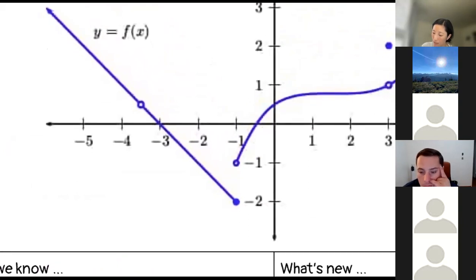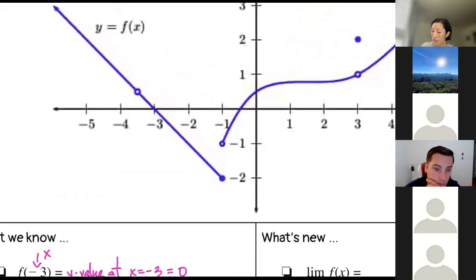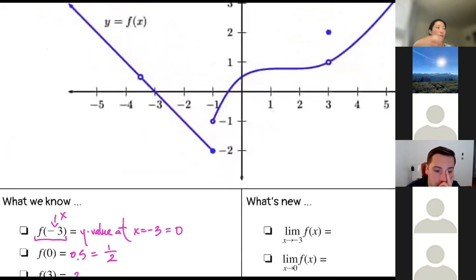Let's find where x equals -3. And I want you to tell me what y value is this function getting close to when x is getting close to -3?